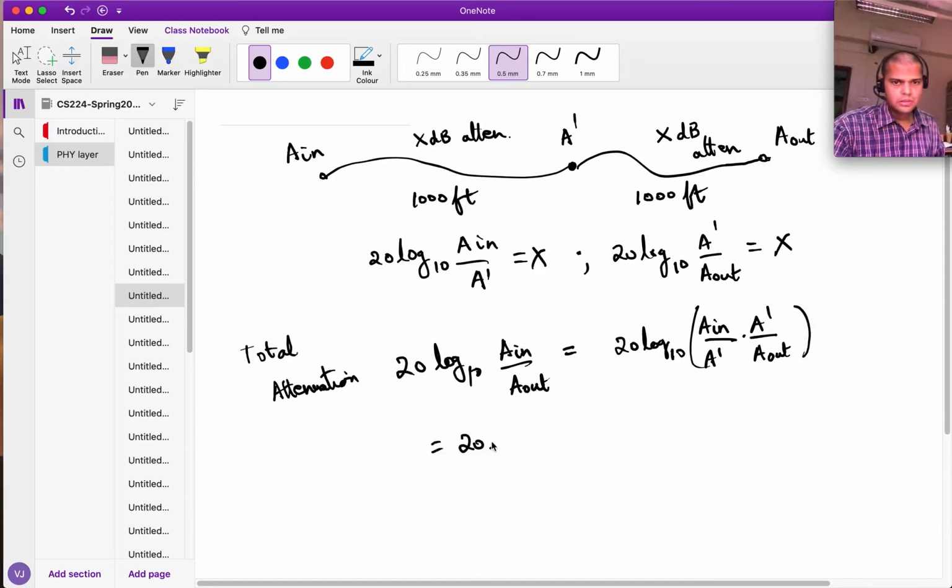Which is 20 log to the base 10 A in by A dash plus 20 log to the base 10 A dash by A out.